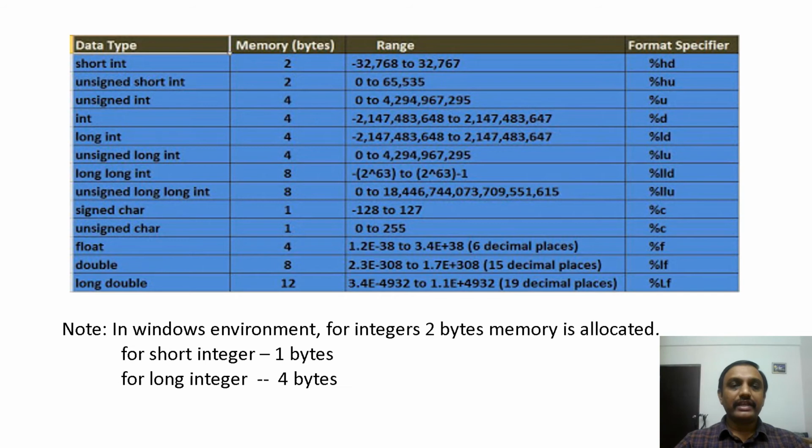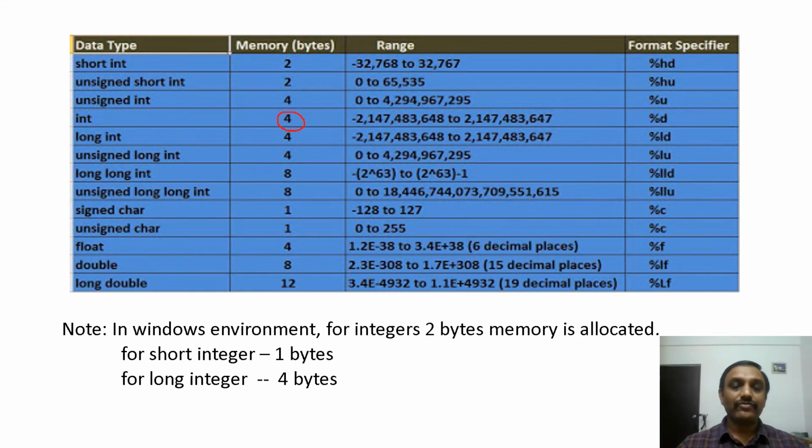After declaring a variable by using a data type, what will happen? The compiler takes that information and, depending on your declaration, allocates memory to the variable. If you declare one variable as an integer variable, how much memory is allocated? That is 4 bytes of memory in the Linux operating system.